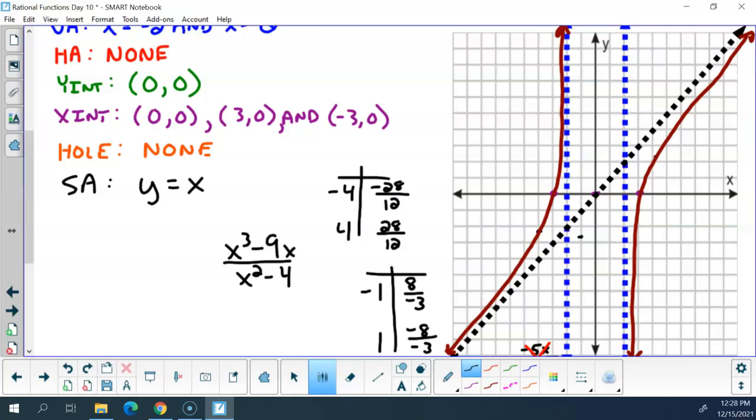Negative 8 divided by negative 3, positive or negative? Positive 2 2/3. Yep. So according to my math, the middle section looks like that.